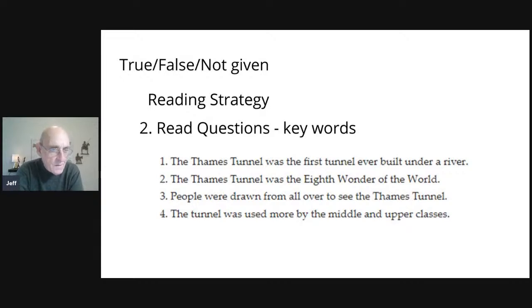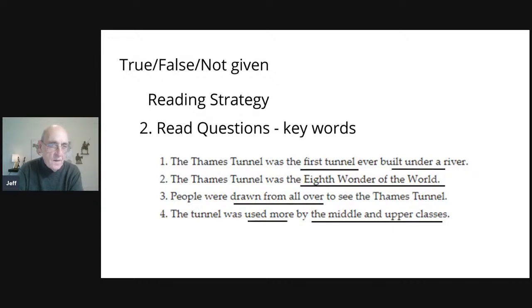So here we have our first set of questions, and we can tell obviously that the topic of this passage is the Thames Tunnel, and we have some information about the Thames Tunnel here in the questions, and we're going to look at what are the most important keywords for giving us clues to finding the information we need in the passage.